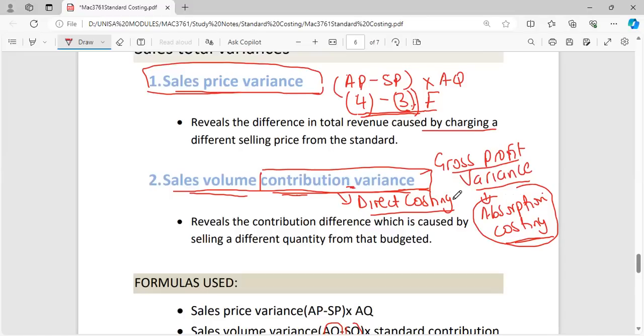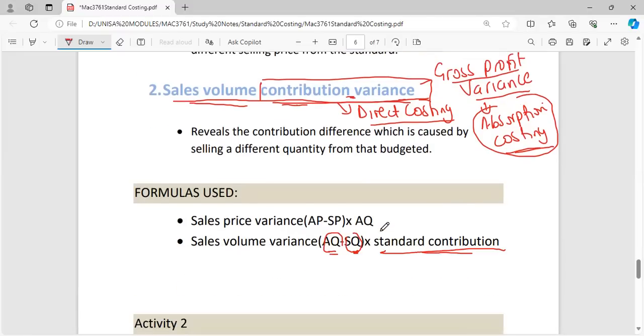It depends on the question. We're going to finish the remaining variances in our next class. When dealing with the sales volume variance, once you get the difference between the quantities, you need to calculate the standard contribution.